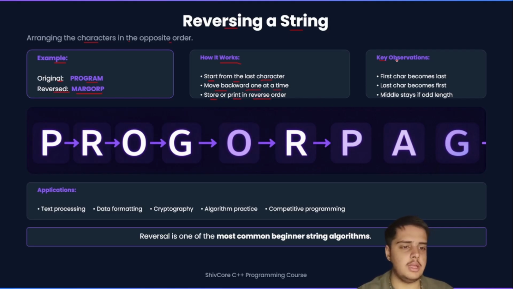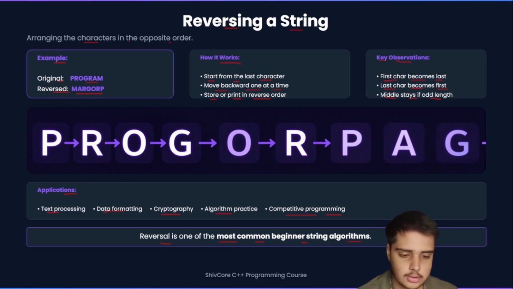Some key observations: the first character becomes last and the last becomes first, and the middle stays if the length is odd. Applications include text processing, data formatting, cryptography, algorithm practice, and competitive programming. Reversal is one of the most common beginner string algorithms.